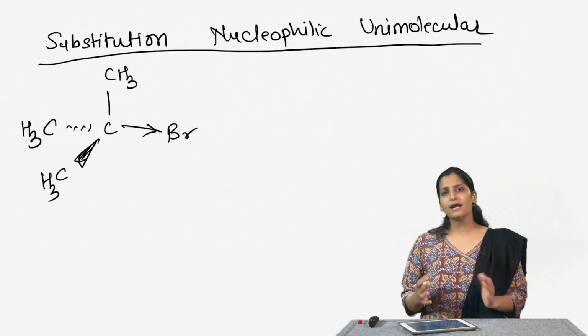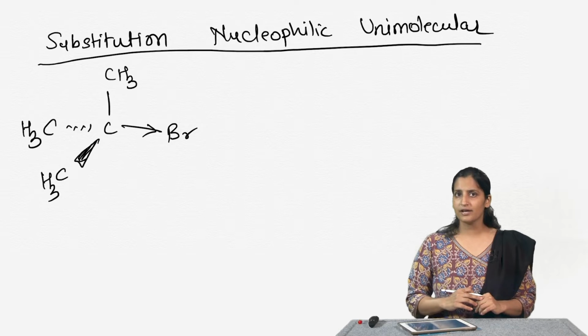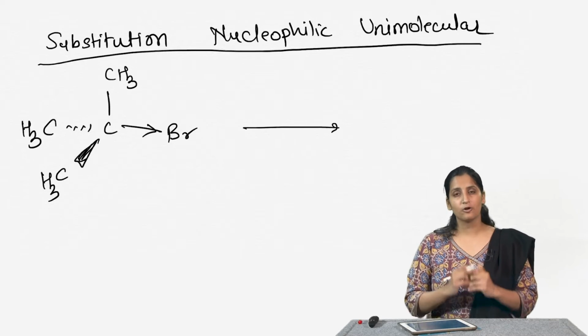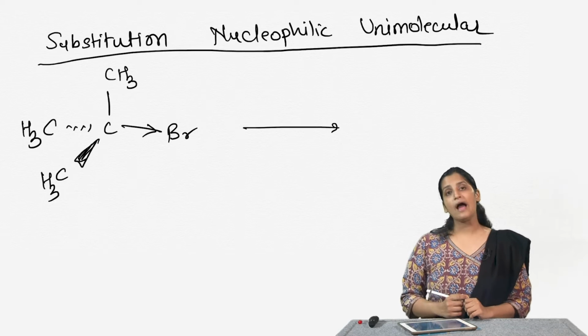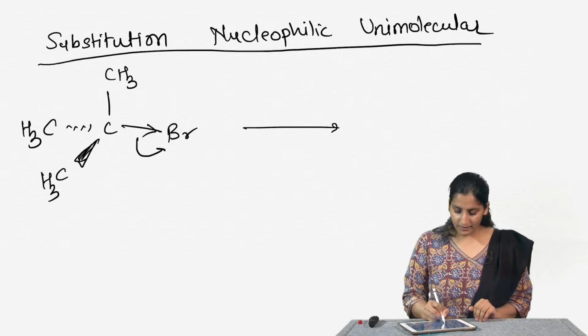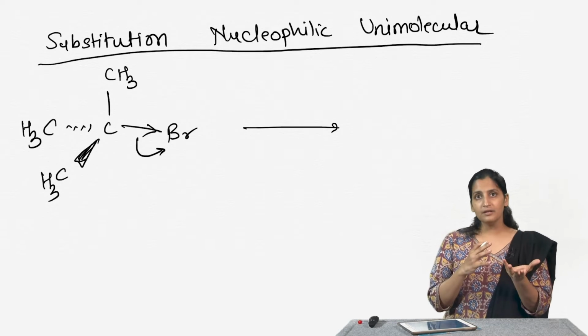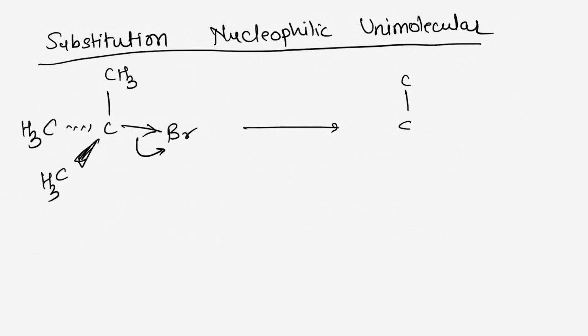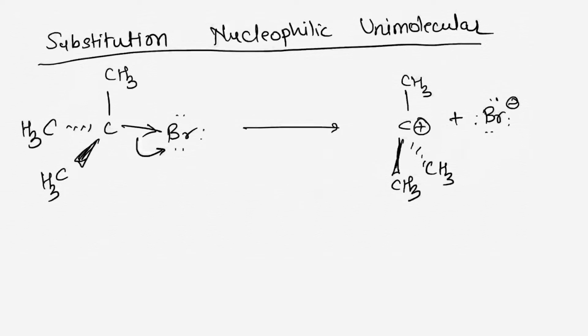It can break at a very slow rate, not necessarily a very fast rate, but it can break if I heat it up a little bit or warm the solution. What is going to happen is that the bond will break such that carbon will be devoid of the bond electrons. So, what we create here is a carbocation, and bromine will take both the electrons with it, becoming the bromide ion.